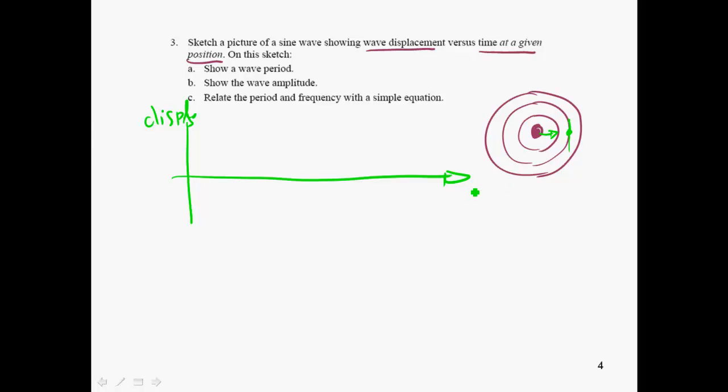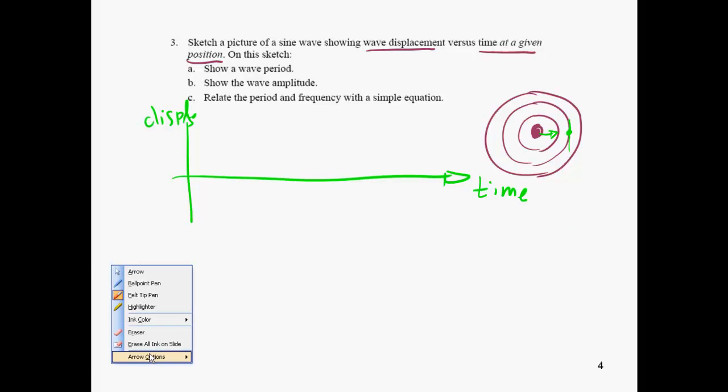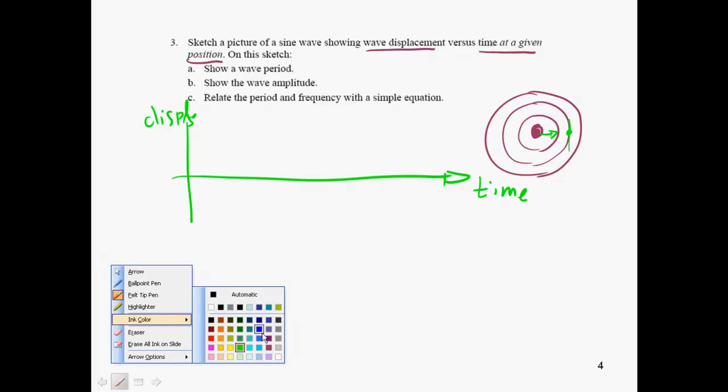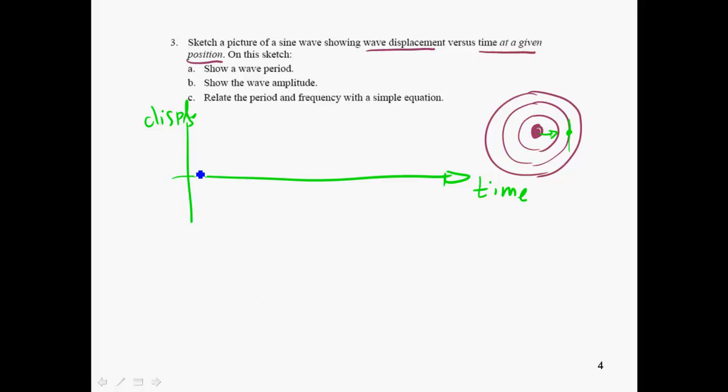And here, now it's going to be time at that position. Okay? And again, I'm going to change my colors. Now here's how your wave is going to look like. This is like the sine wave you saw on a scope in your electronics classes. It's displacement now versus time.